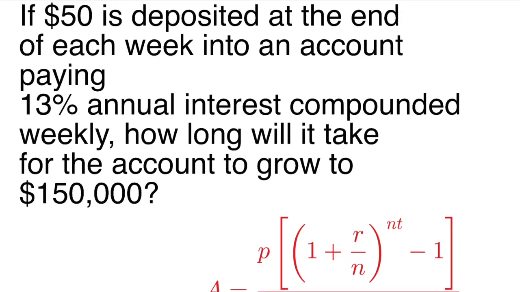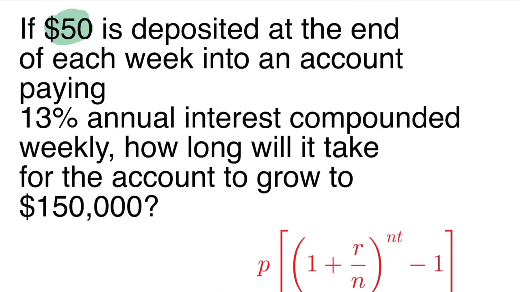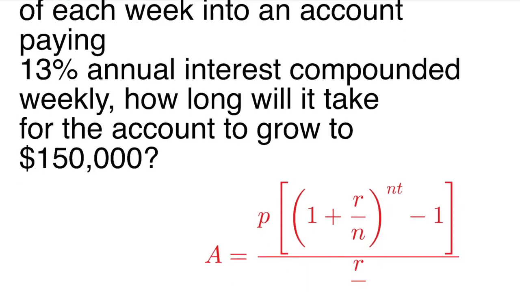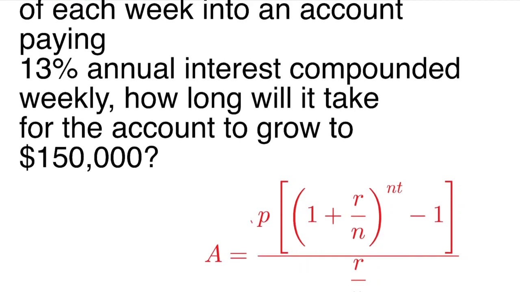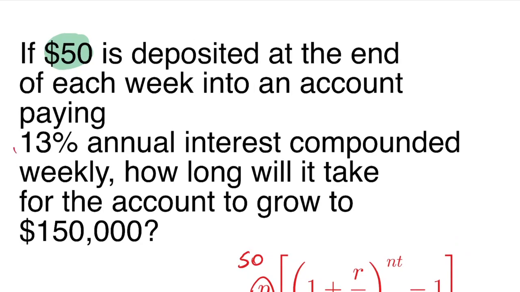This is called an annuity. So this number here, 50, that's the value of the payment. The payment is P, so payment is 50. The annual interest rate, R, is given here, but we have to write that as a decimal.